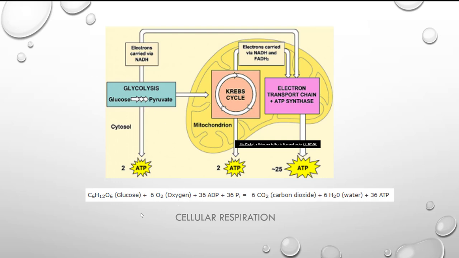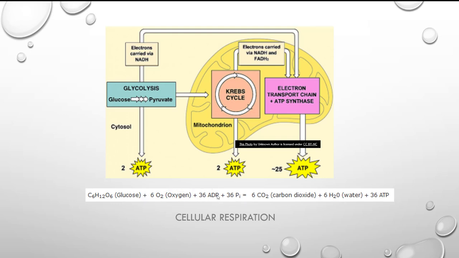But just before we get into everything, cellular respiration, which we're going to talk about with plants and animals, requires glucose, okay? So this is going to be one of our inputs, as well as oxygen. And then we'll talk a little bit about what ADP and Pi is.